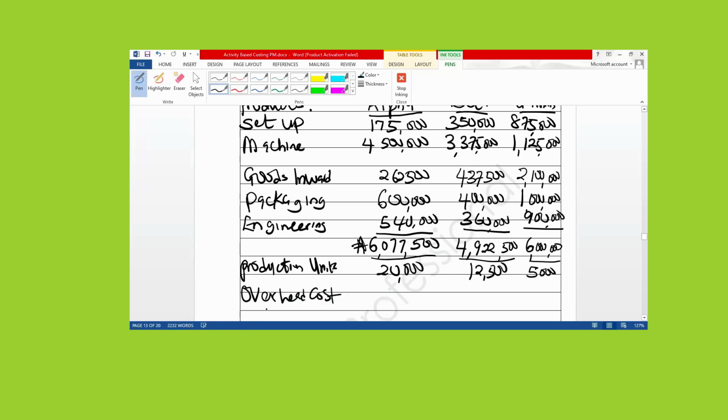For Alpha, we have 303.875. Or 75, you can also use that, no problem.